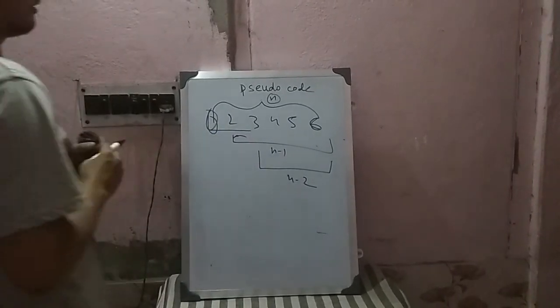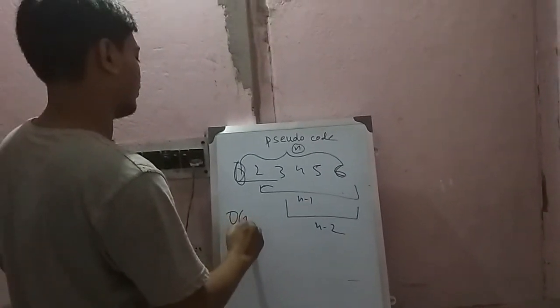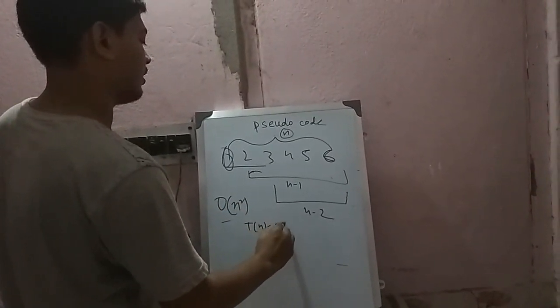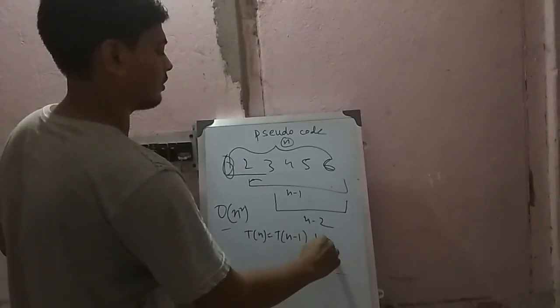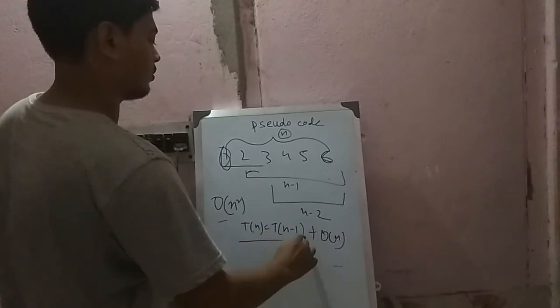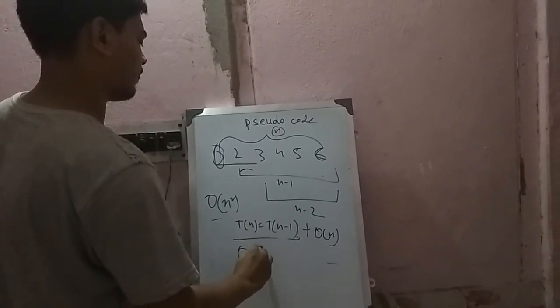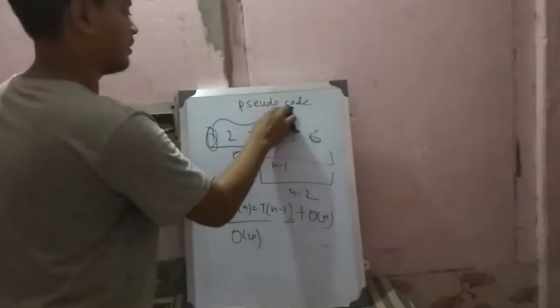So the worst case time complexity in quicksort will be O of n square, because T(n) equal to T(n minus 1) plus theta of n. Okay, so this leads to order of n square. So you have to be careful to choose the pivot element.